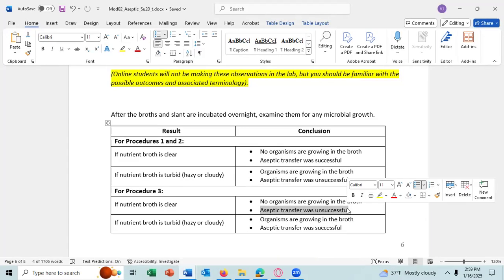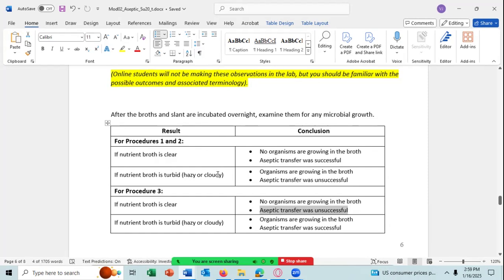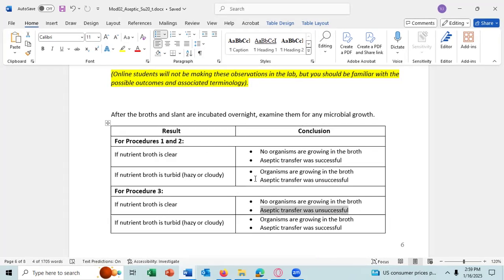All right, you guys can. Huh? Is it because certain organisms like to grow in certain cultures and some don't? No, this is a general purpose media, so the majority of the organisms we use in the lab can grow in a general purpose media. So if I had selective media, you could maybe argue that, but this is a general purpose media.